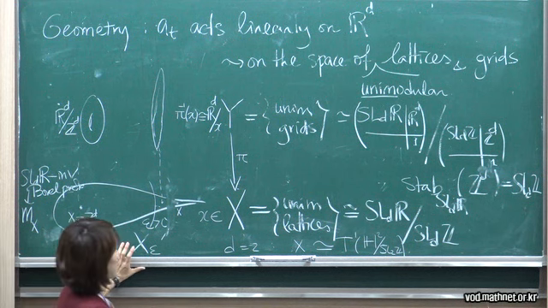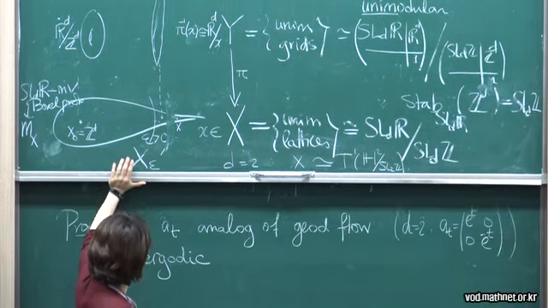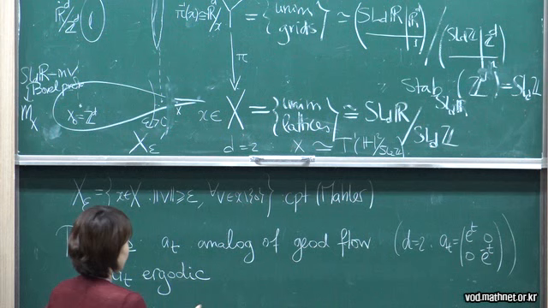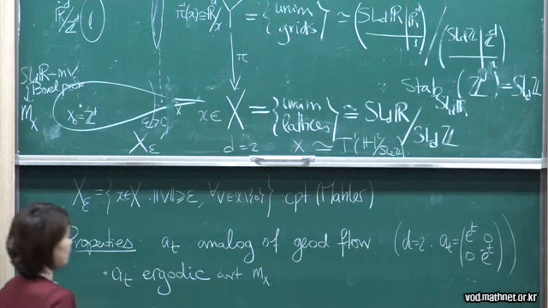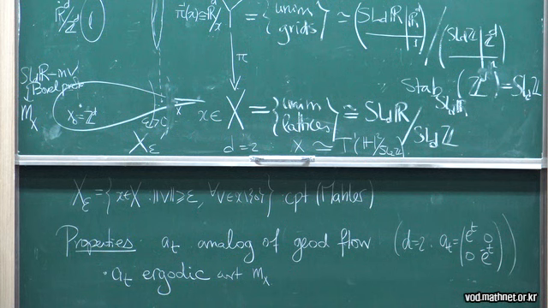So let's say m_X. And A_t is ergodic with respect to this measure m_X. What does it mean? It means that if you have A_t-invariant sets, then the measure of that set with respect to m_X is either 0 or 1.